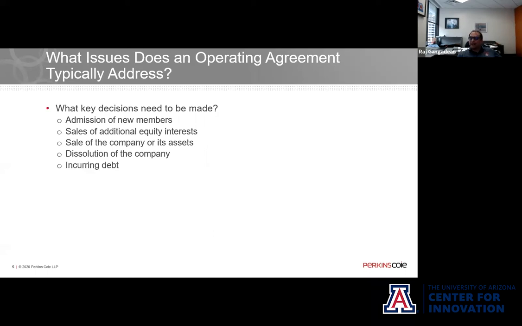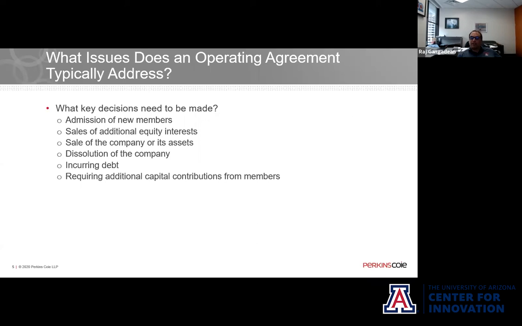Incurring debt. Maybe some people in the company think it's a good idea to go get a bank loan to expand the business. Others don't. You want an operating agreement to set out what kind of approvals and consents and votes are needed before the company incurs debt.